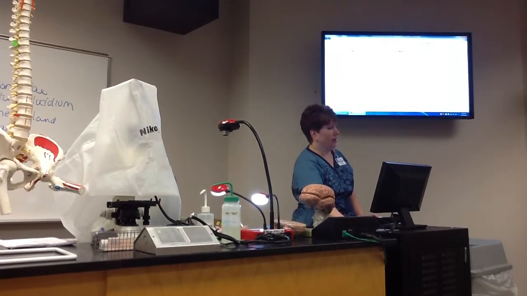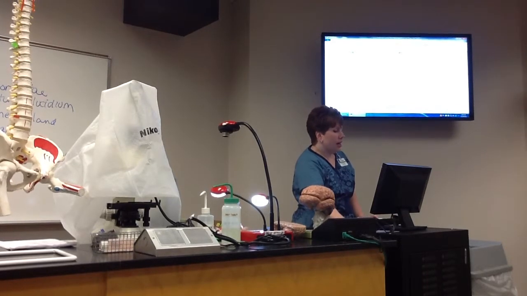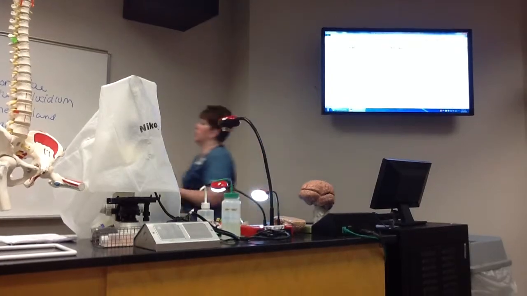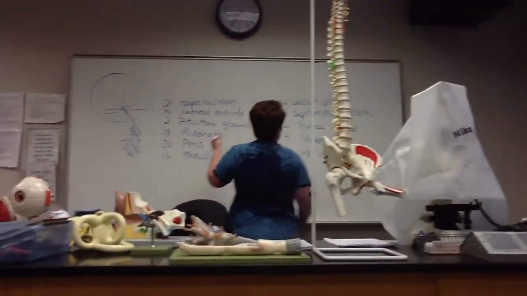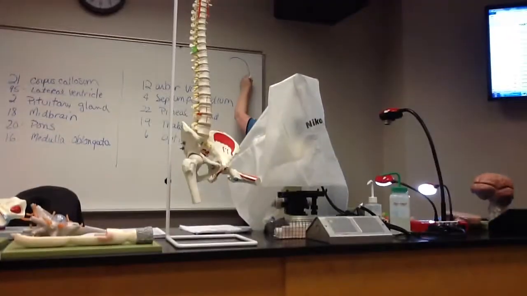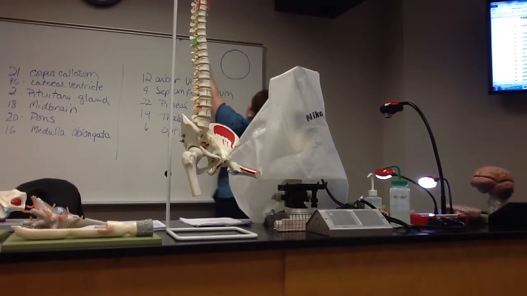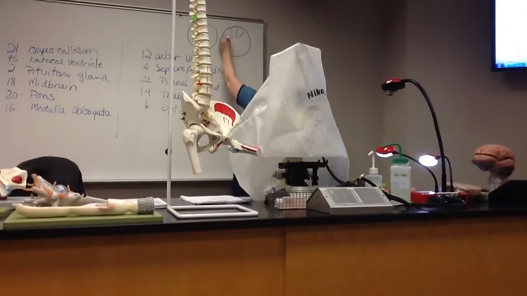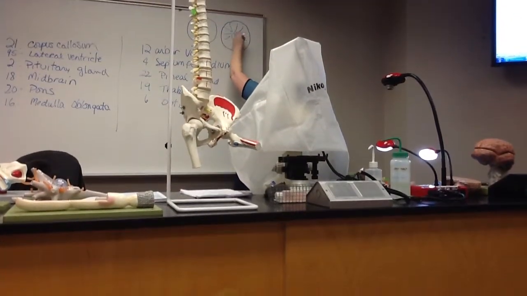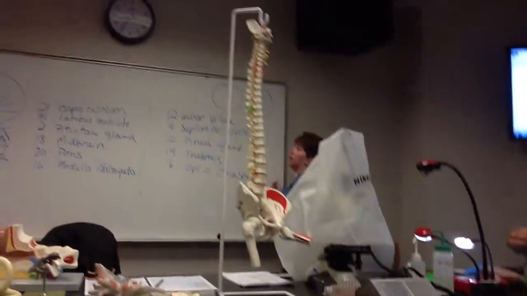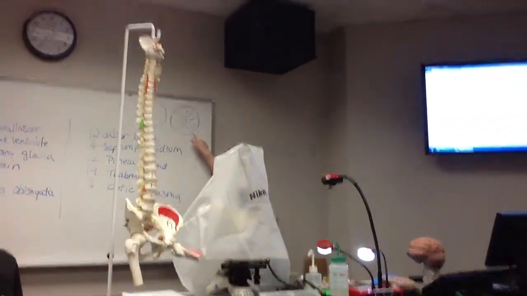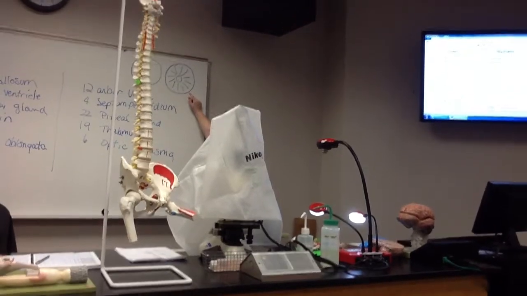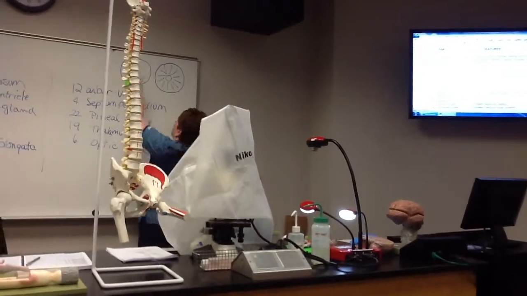Then, okay, ciliary body, iris, and pupil. The back side of this that looks like the underside of a mushroom cap and is black would be the ciliary body.